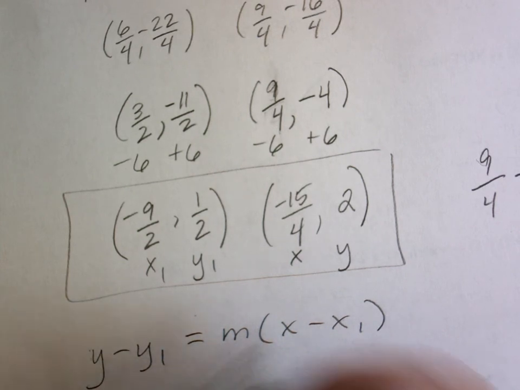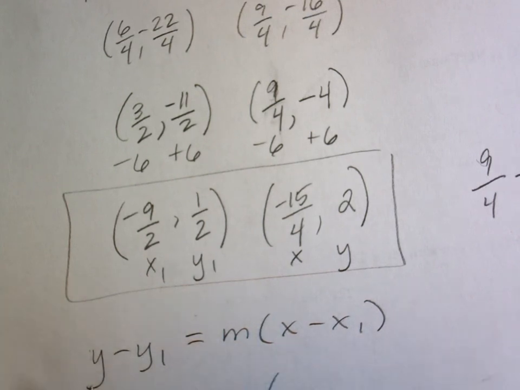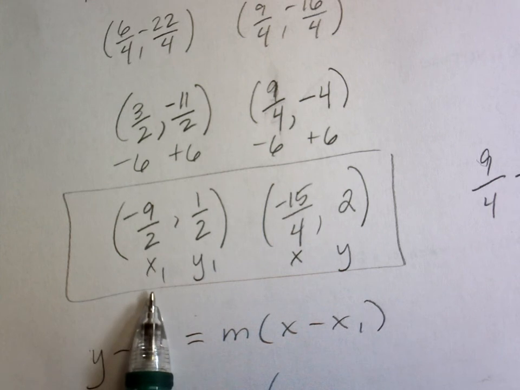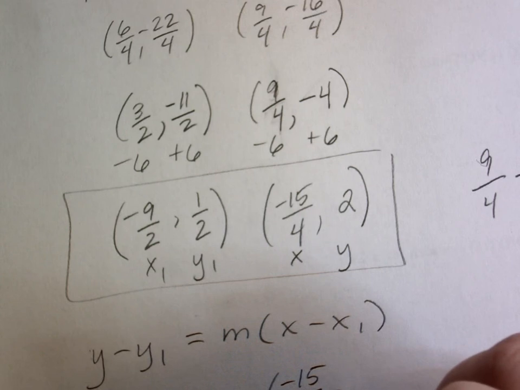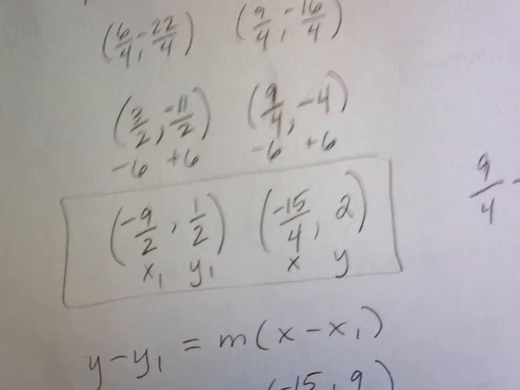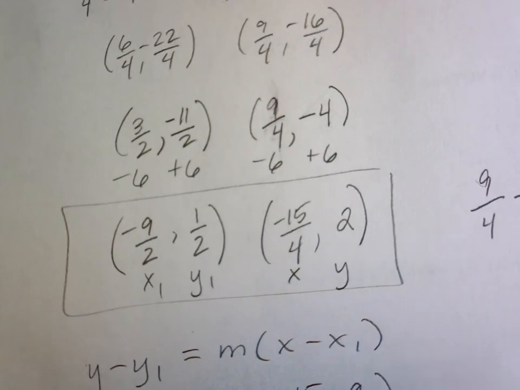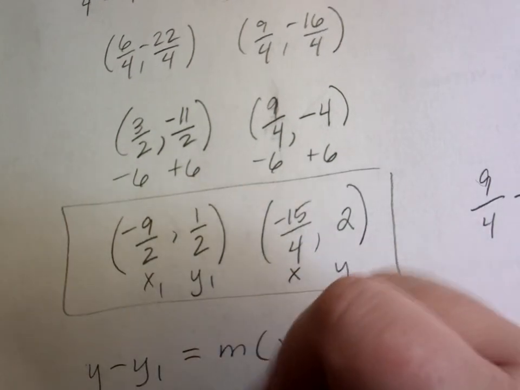So we have 2 minus 1/2 equals m times x minus a negative 9/2, which is plus 9/2. What is our m? We already know what our m is because it's parallel, so that's actually 2.